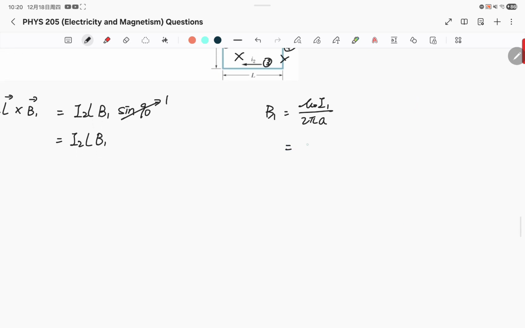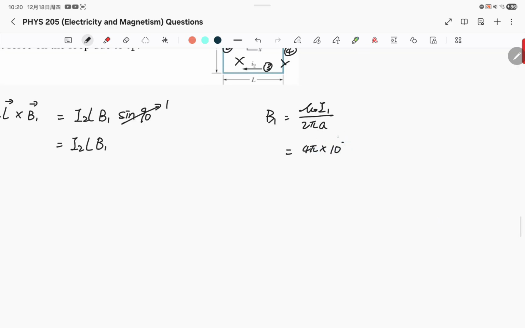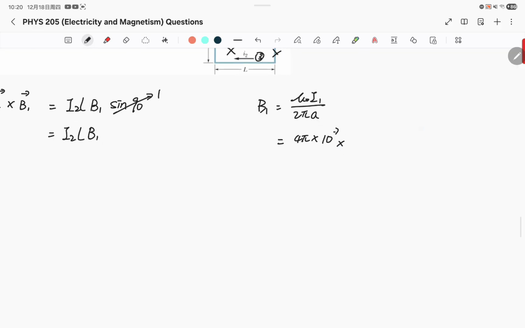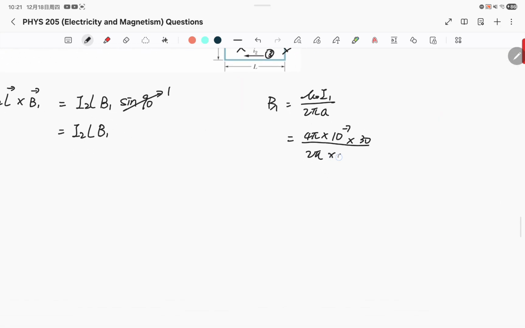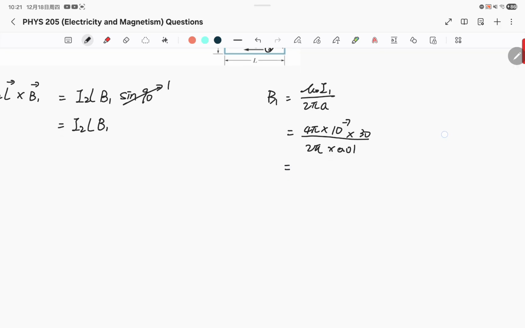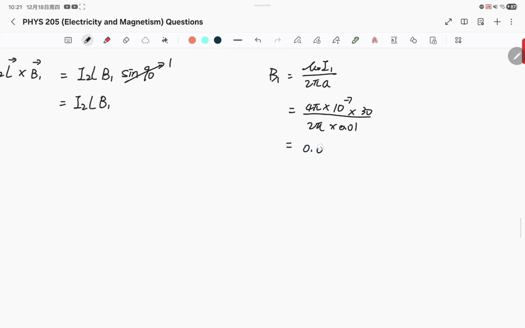That gives me 4 pi times 10 to the power of -7 times 30 over 2 pi. What is a? a is 1 centimeter. That gives me 0.0006 T.